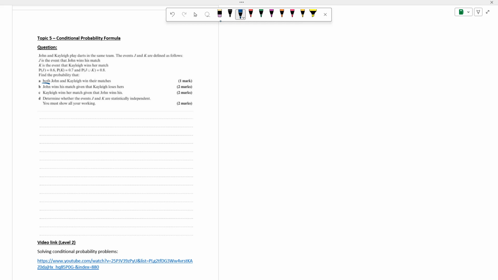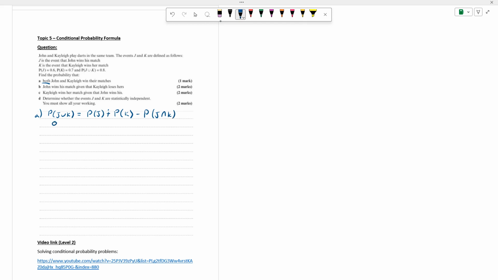Now, if I want them both to win, I want the intersection. So now I'm going to think about what they've given me and what links the intersection. The thing that links them is your really long formula from last year, from Unit 2. That's that the probability of your union is the probability of J plus the probability of K minus the intersection. I'll basically just sub my values in.